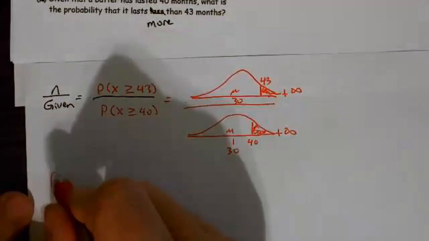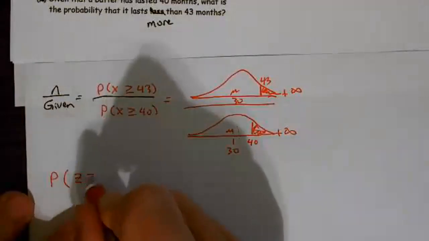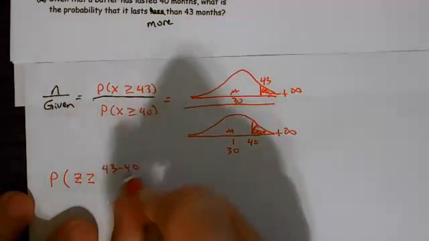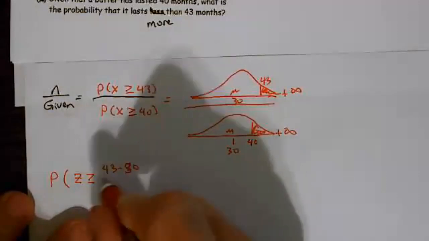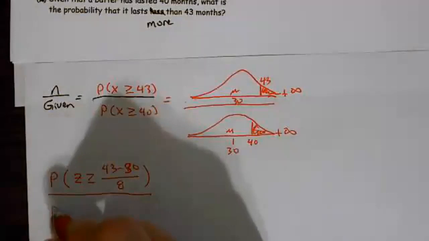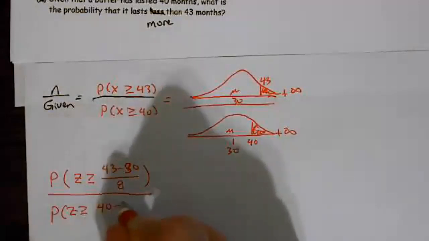So that's the probability that z is greater than or equal to 43 minus 30, excuse me, over 8, over the probability that z is greater than or equal to 40 minus 30 over 8.